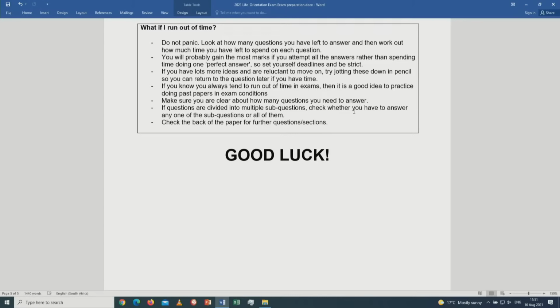And again, make sure that you check the back of your paper to make sure that you have answered all the questions. If you do not see the total mark of the whole question paper, it means there might be questions at the back. Some schools will print the questions back to back in the case of the controlled test. Some would just print one page, one-sided.